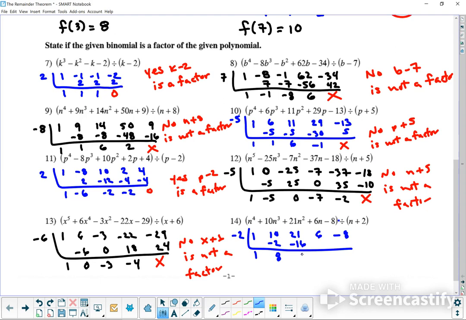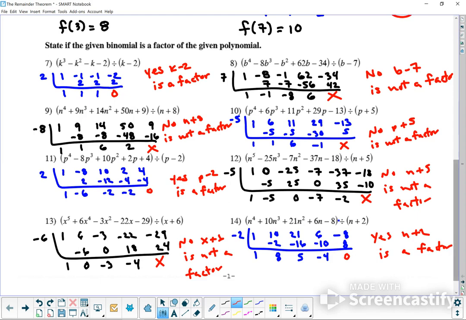Add it, you're going to get 5. Multiply it, you're going to get negative 10. Add it, you get negative 4. Oh, this one comes out. Negative 4 and negative 2 makes 8. And you get a remainder of 0. So this one is yes. N plus 2 is a factor.